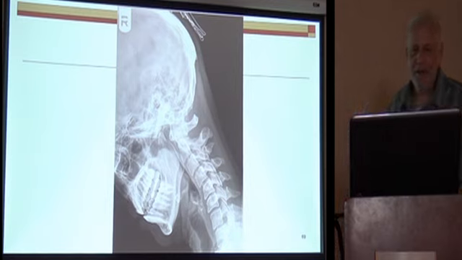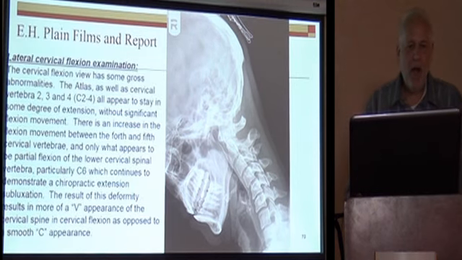Okay, and what I noticed on this one was the atlas and cervical vertebra C2 and 3 and even 4 stay in extension. You can go back and look, and there's no difference in the distance between the atlas and the occiput and the atlas and C2 in flexion, and that should open up a little bit more.